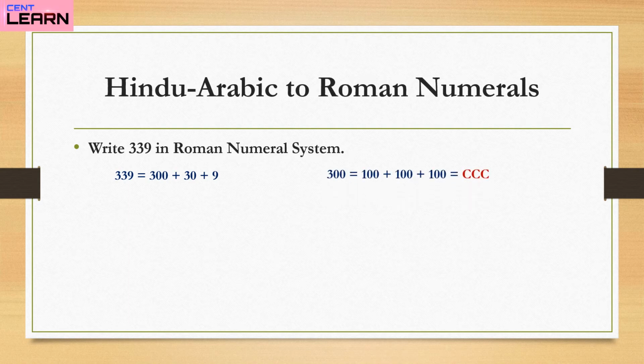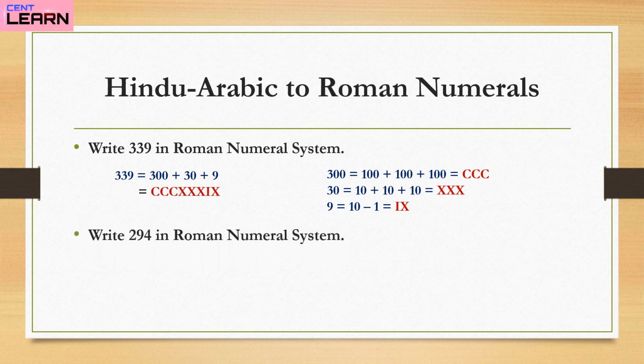Now 300 is equal to 100 plus 100 plus 100 is equal to CCC because C is equal to 100. 30 is equal to 10 plus 10 plus 10 is equal to XXX. 9 is equal to 10 minus 1, which is equal to IX. So the answer will be CCCXXIX.